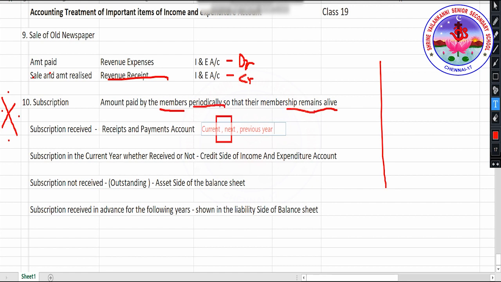Now, subscription in the current year, whether received or not, is the subscription pertaining to this year.